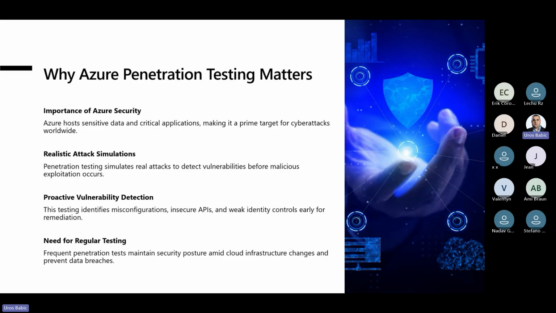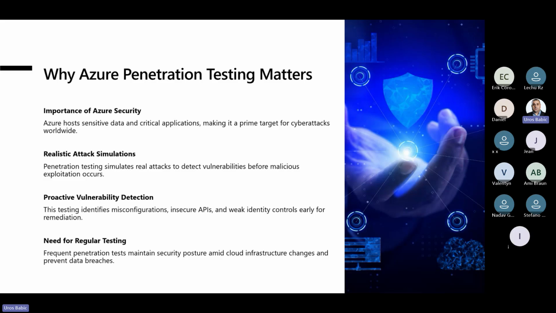And Azure Pentest, unlike traditional on-premise pen testing activity, is focused on cloud-specific components. For example, storage accounts, identity and access management, platform services, virtual machines, and etc.